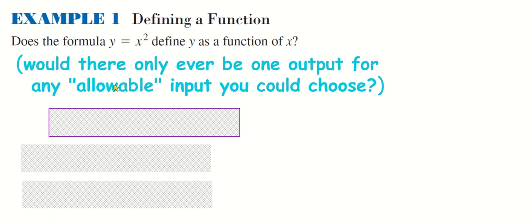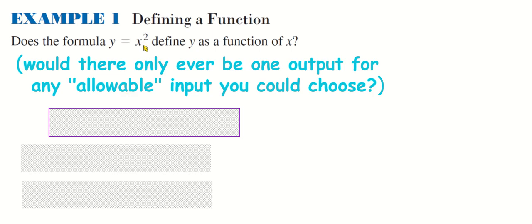I'll say more on this word as we go, but maybe I'll get into it a little bit right now. Sometimes you are allowed to plug in any number you want for x.